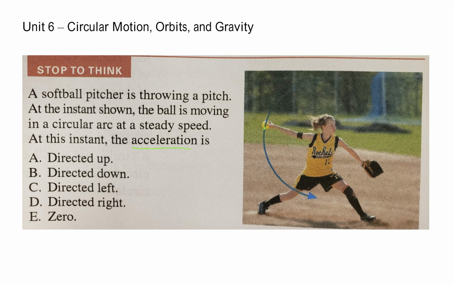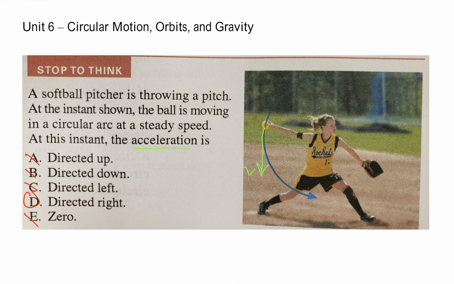So that means that the velocity, from what we've seen, would be directed directly down, which means that the acceleration would definitely not be directed directly up, definitely not directly down, definitely not left, because that would be pulling it outside of the circle. And we know we have an acceleration in order to get the velocity to change. So the only possible answer is directed directly right.